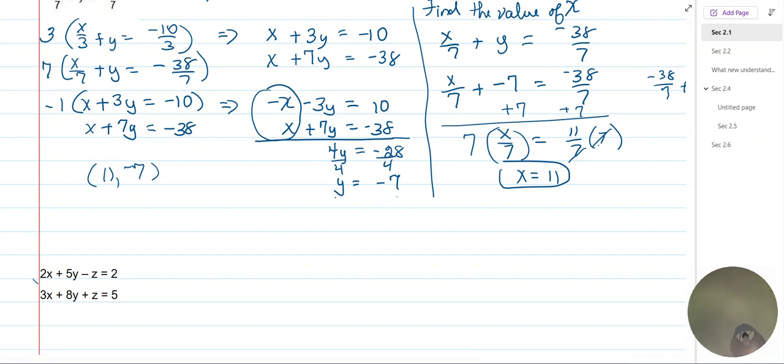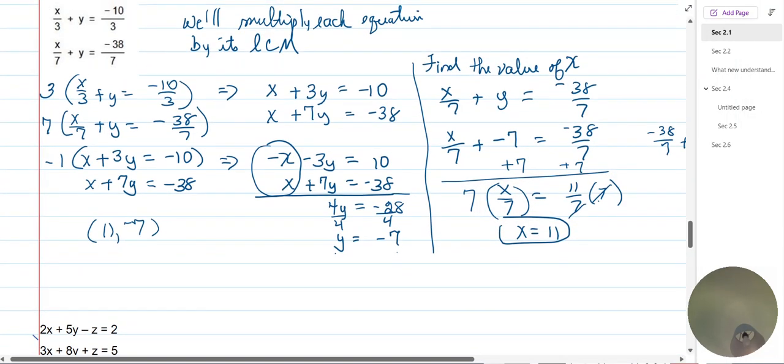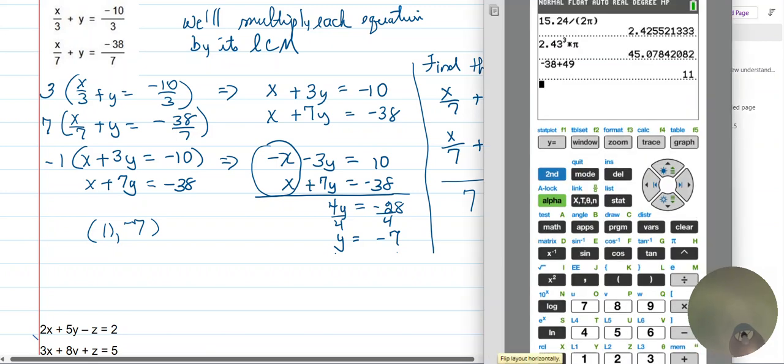So here we go, so that nobody gets nervous or thinks he can't do it. All right, so I'm going to insert 11 for x. Where's my calculator go? There it is.